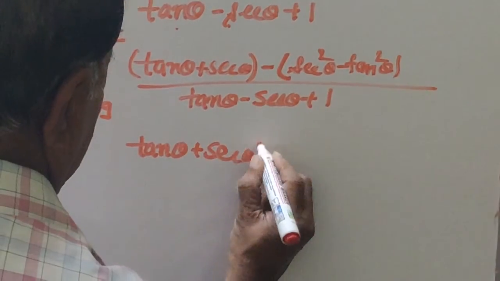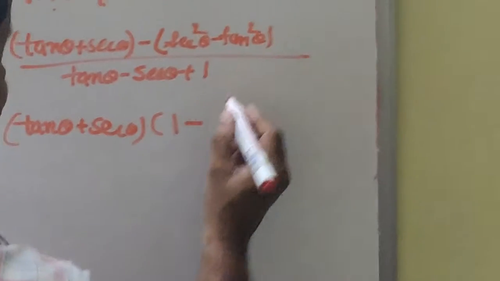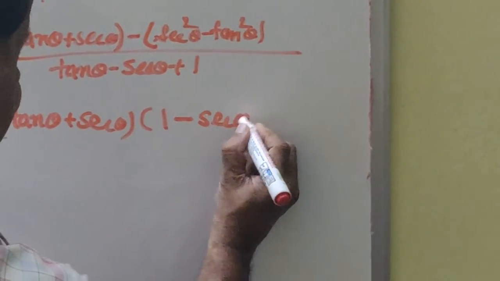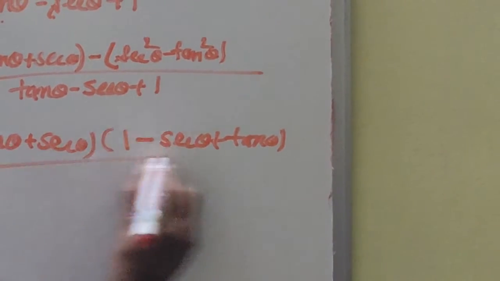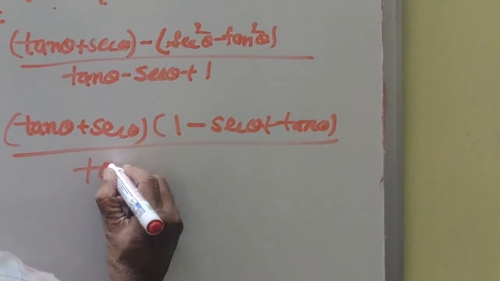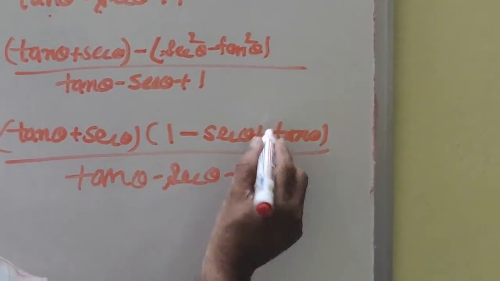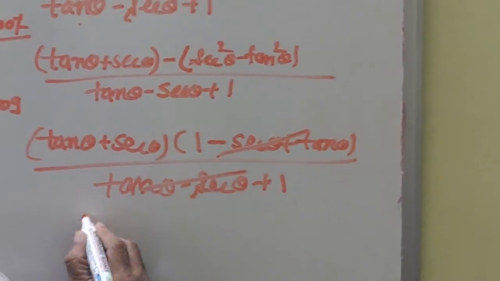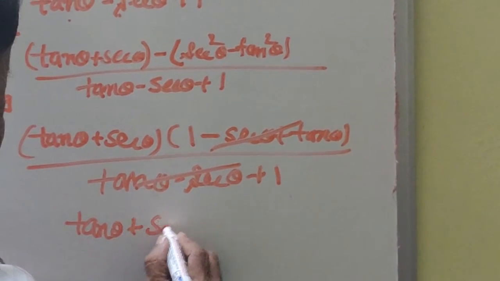What will remain here? 1 will remain here. Now change the sign, sec theta plus tan theta will remain the same. Solution is there, so I am taking directly tan theta minus sec theta. Bracket will get cancelled with this one. What will remain here? Tan theta plus sec theta is given.